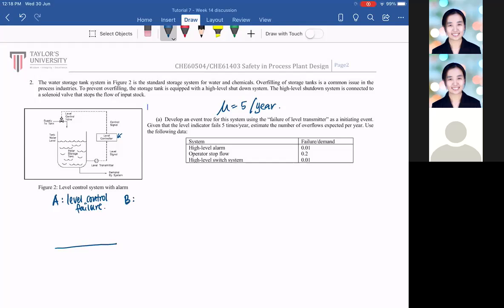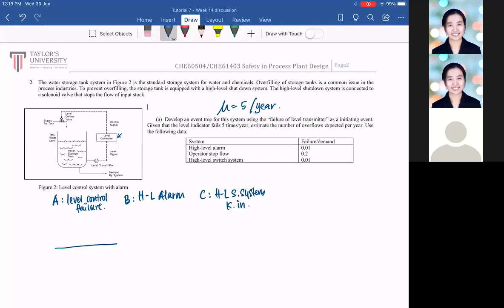The failure will be it starts to hit a very high level. So you have the alarm. Okay. So high level alarm. Okay. And when the high level alarm hits, there are two things. One is where our high level switch system kicks in.